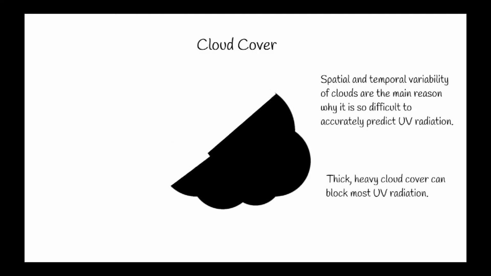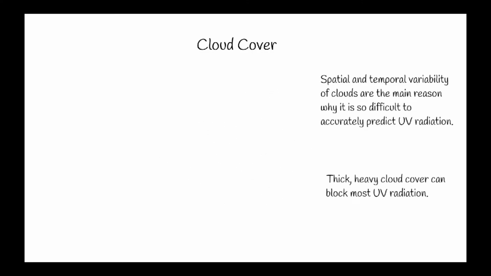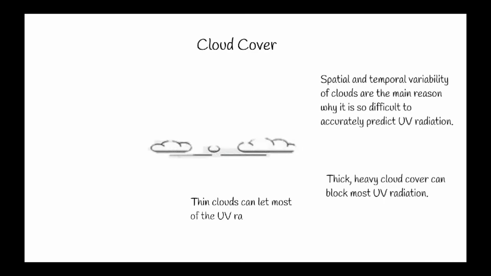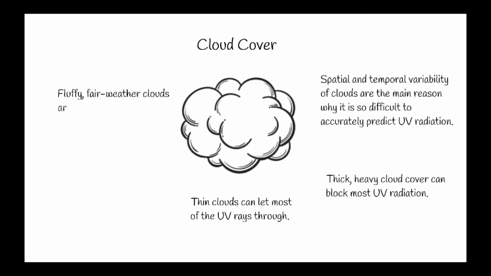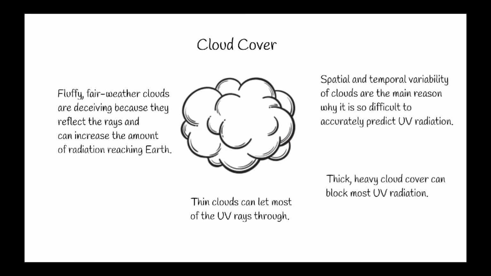Thick, heavy cloud cover can block most UV radiation. Thin clouds can let most of the UV rays through. Fluffy and fairly weathered clouds are deceiving because they reflect the rays and can increase the amount of radiation reaching the Earth.